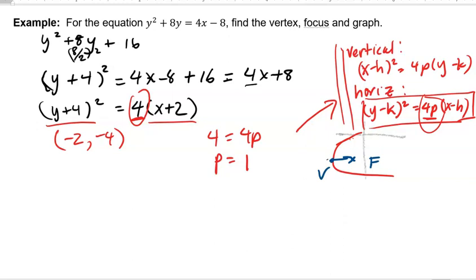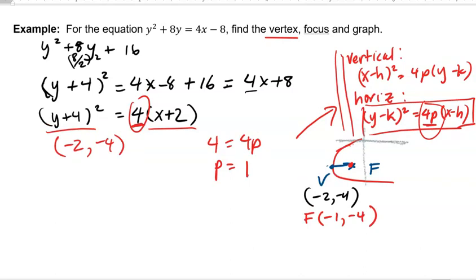And so I end up with something like this. Again, my value is going to be -2, -4 for that vertex. And now when I want to compute the focus, I'm going to see that it's going to the right. So my x-coordinate will increase by 1, and therefore the focus will have the coordinates -1, but the y-coordinate doesn't change, and so that coordinate will be -4.